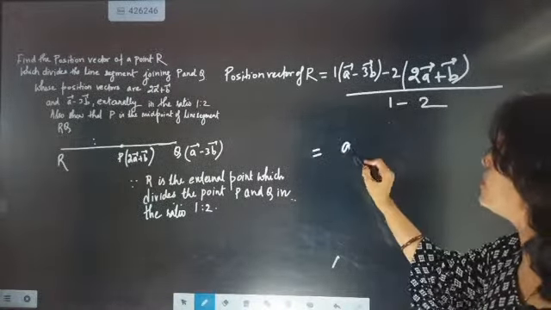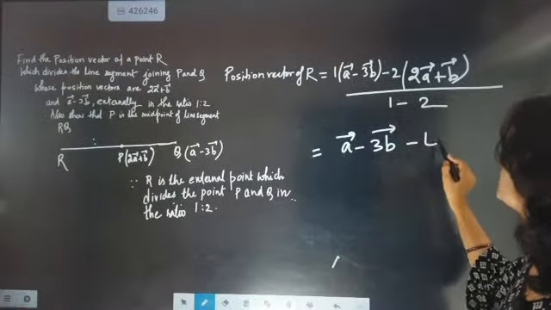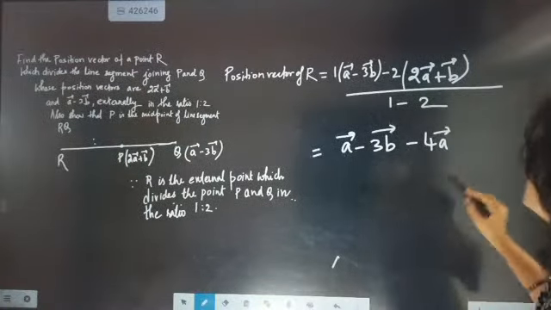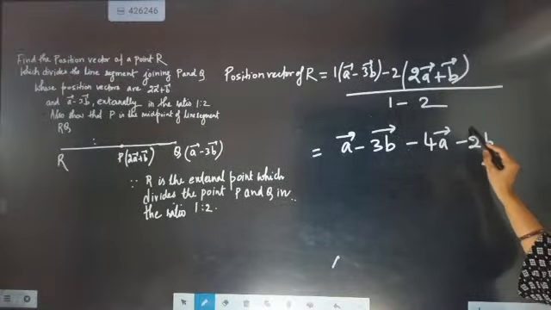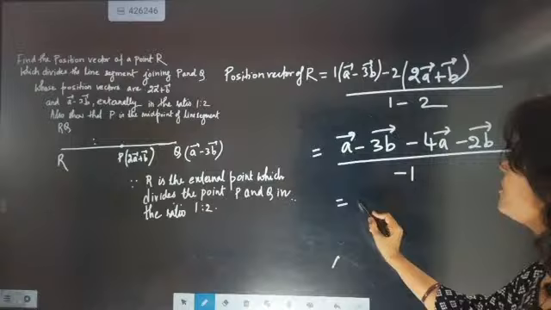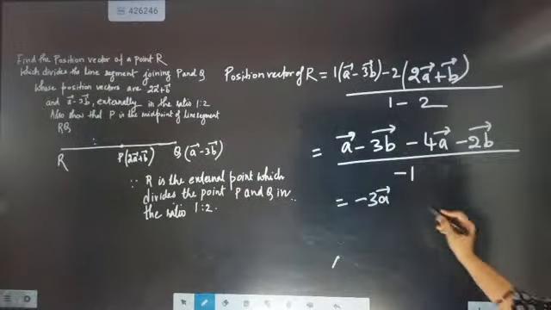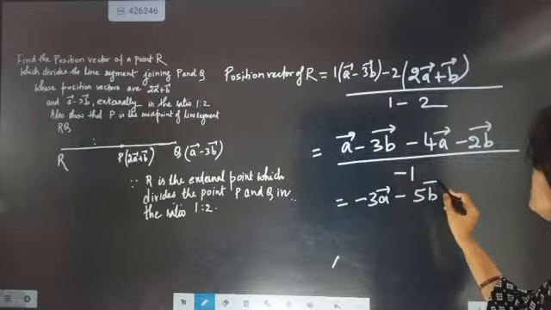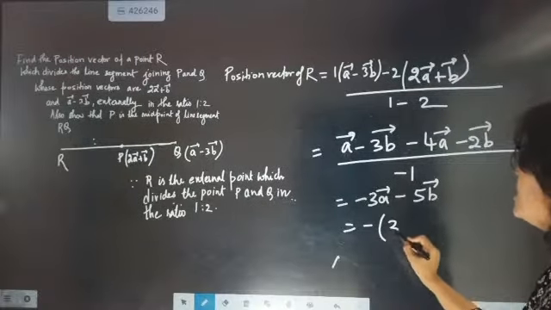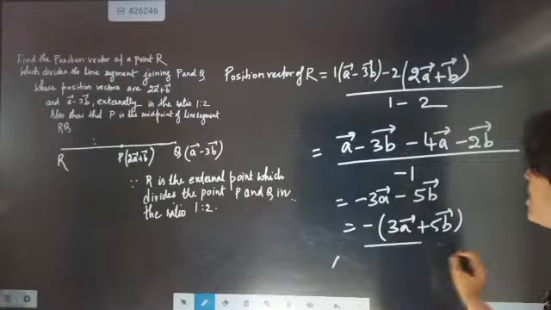So now let's see, it will become A vector minus 3B vector minus 2 2s are 4A vector, and then here minus 2B vector by minus 1 is coming. So minus 4 plus 1 will become minus 3A vector, and this one will become minus 5B vector. Now take minus outside, it is coming as 3A vector plus 5B vector by minus 1.